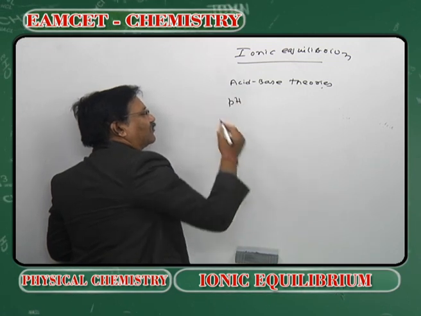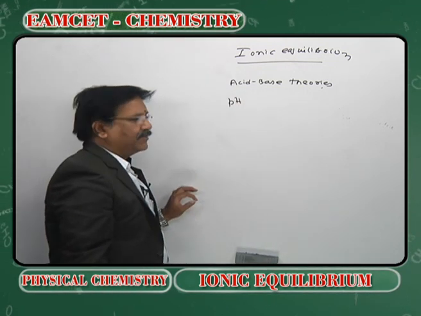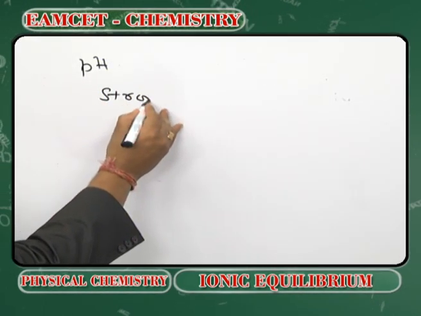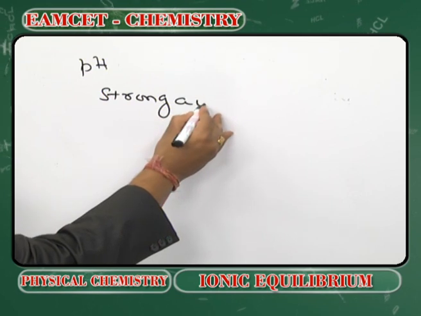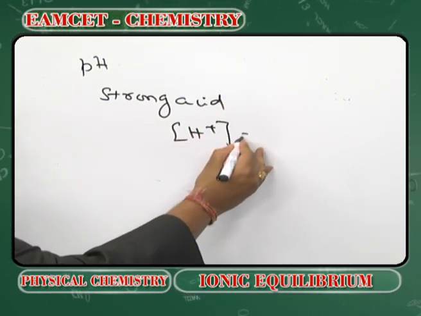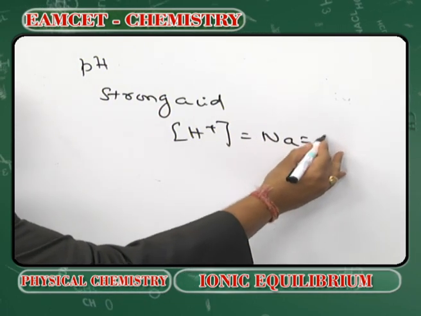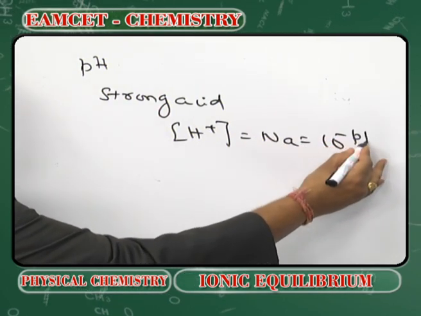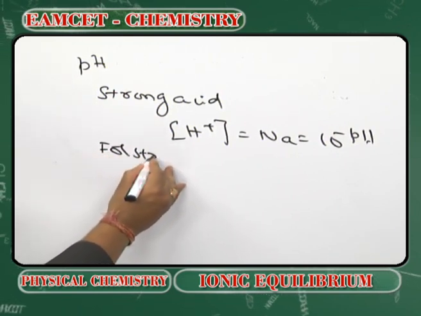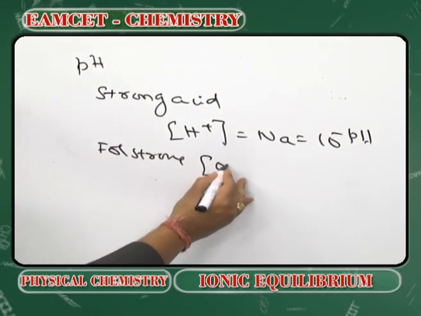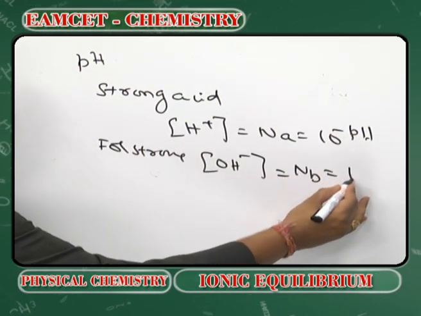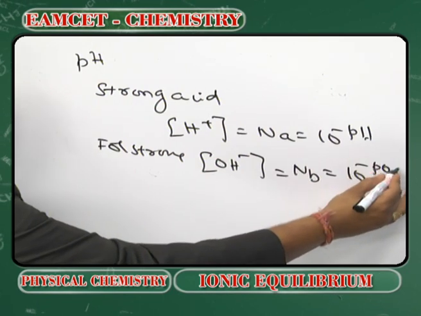In pH scale, what are the important points to be remembered? For strong acids, H plus ion concentration is equal to normality of the acid is equal to 10 to the power of minus pH. For strong bases, OH minus ion concentration is equal to normality of the base is equal to 10 to the power of minus pOH.